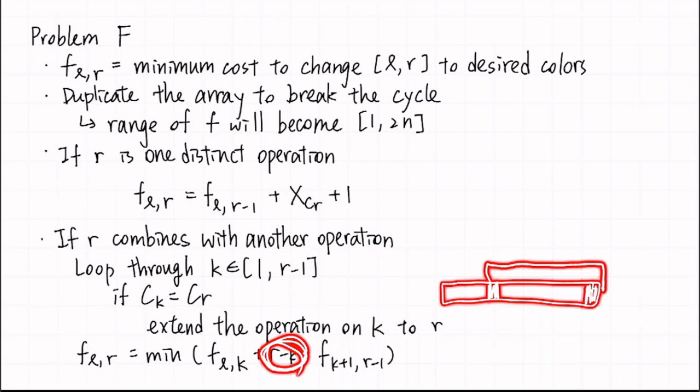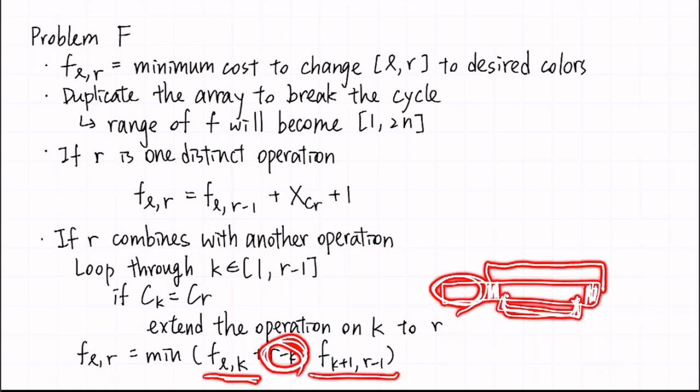And then this would be the cost to change the first section into the desired colors, which is FLK, and the cost to change the middle section into the desired colors, since after we perform this operation, we need to change the middle section back into the desired color.